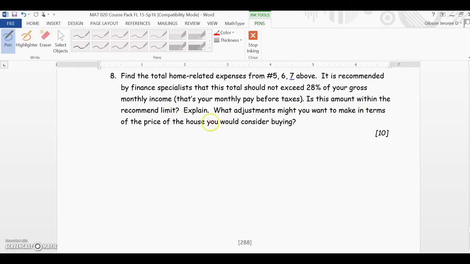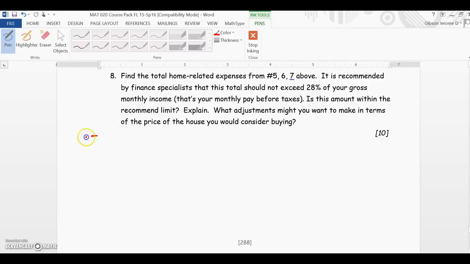Explain what adjustments must you make in terms of the price of the house you would consider buying. Now, what you have to realize is if your house expenses is more than this 28% of your gross monthly income, you're going to have to adjust some of the price of your home, your property tax, and everything like that in order for you to get the proper amount.